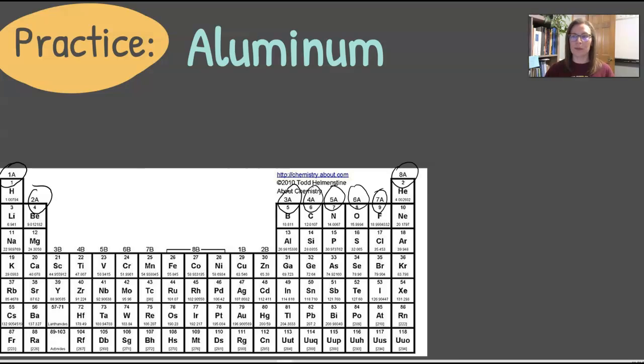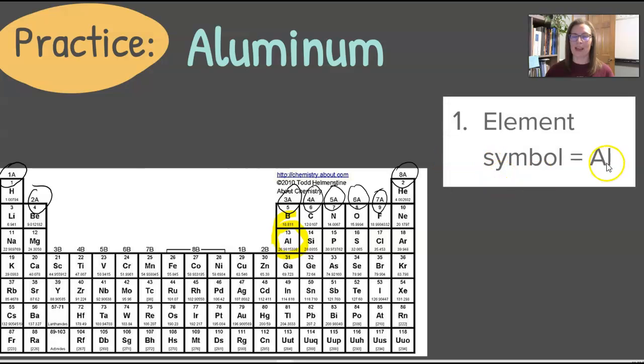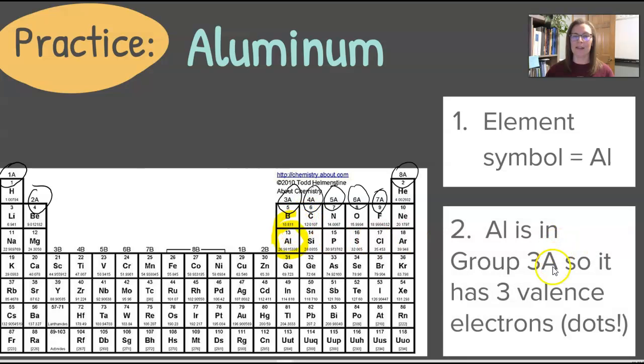So for aluminum, we have our element in the 3A column, the 3A group. We're going to write down the element symbol, which is Al. And then since it's in 3A, that means it has 3 valence electrons.